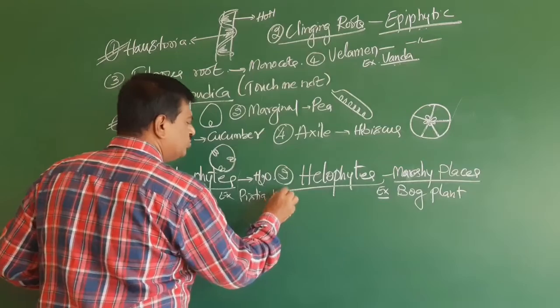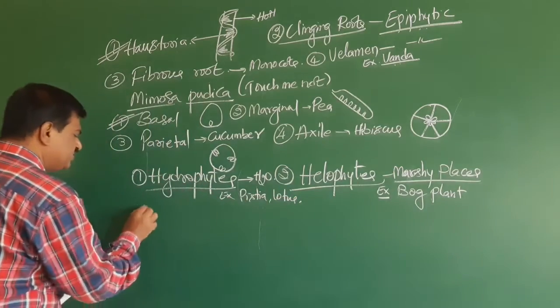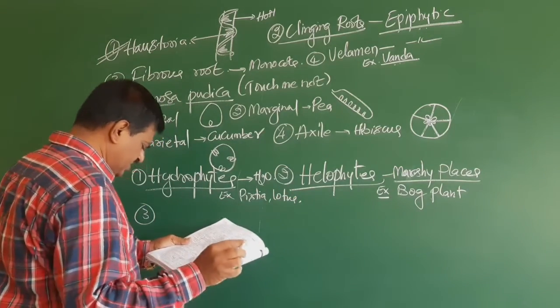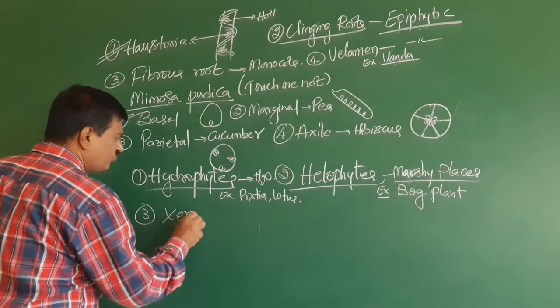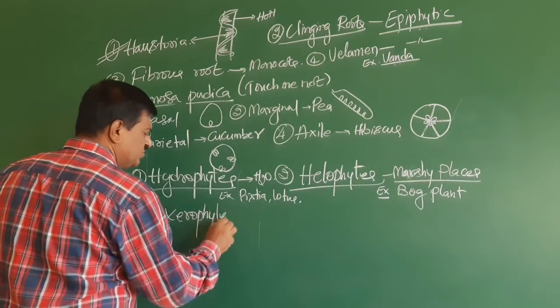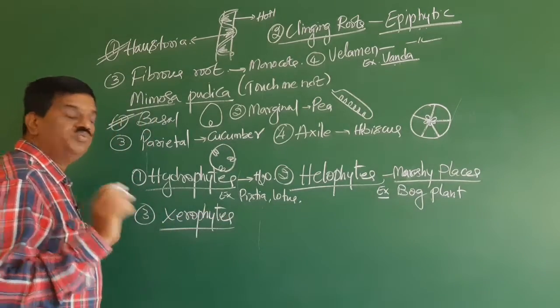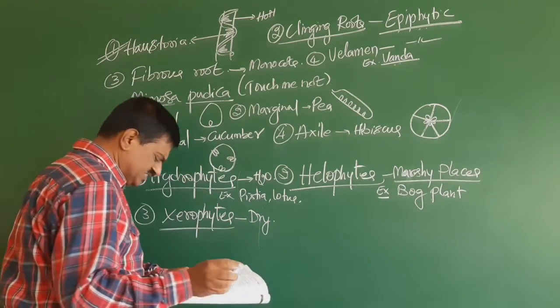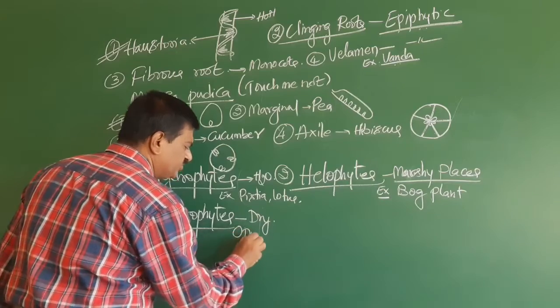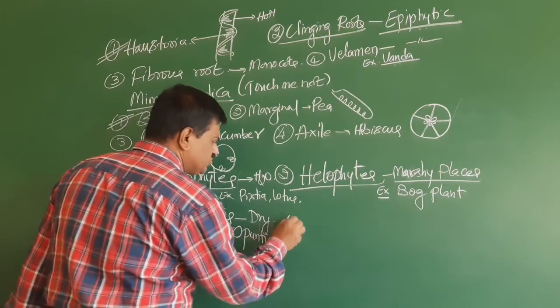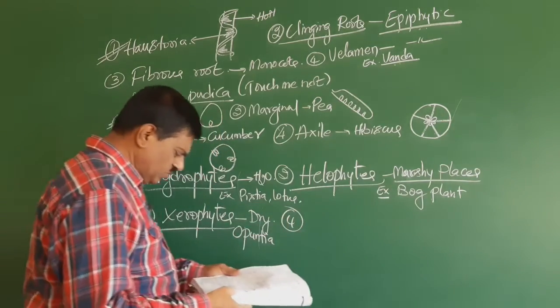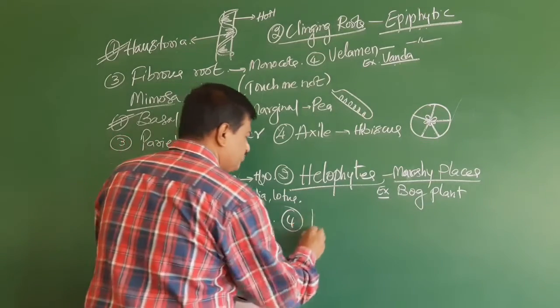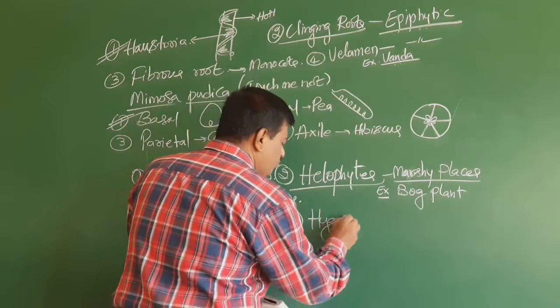And in the third one you can see there is a presence of xerophytes. Xerophytes are nothing but which grow in the dry areas. And the example for this is Opuntia, called as cactus. So when we go for the fourth option called as hygrophytes.